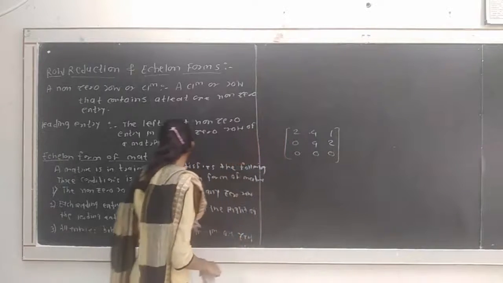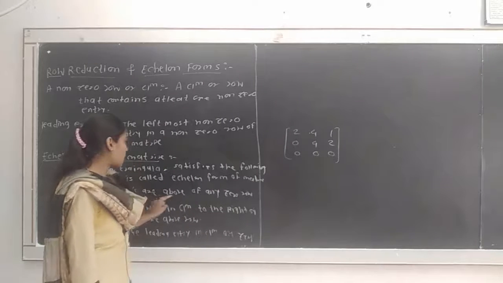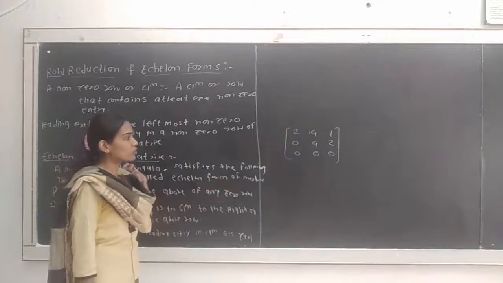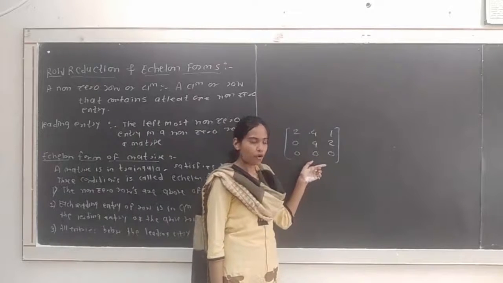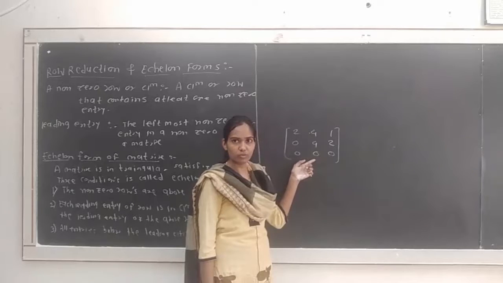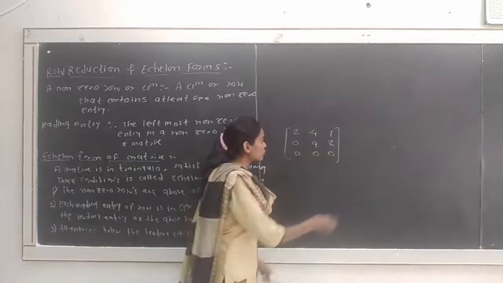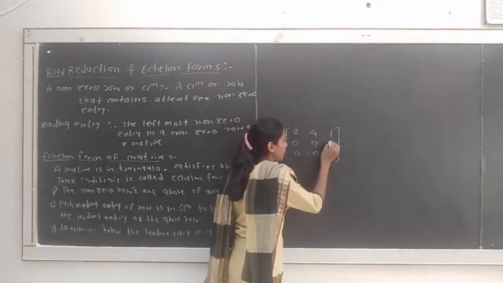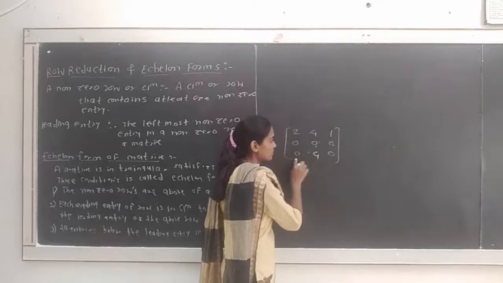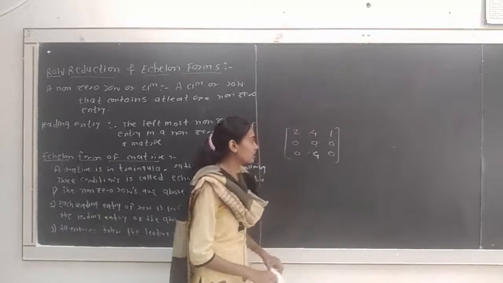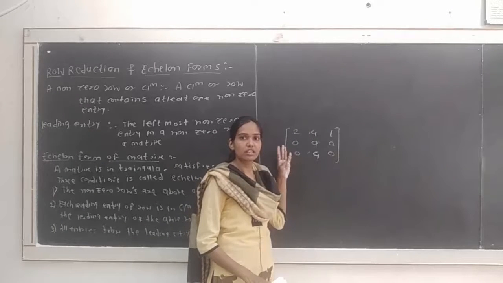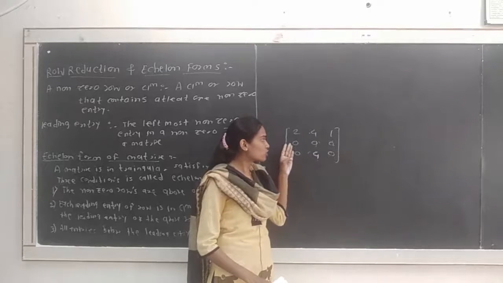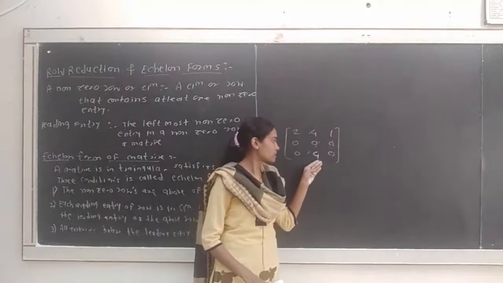So the non-zero rows are above the zero row, and the zero row is below all the non-zero rows. If a zero row is in the middle with a non-zero row below it, then we have to shift the zero row below the non-zero row. So always note that the zero row in a triangular form is always at the bottom.